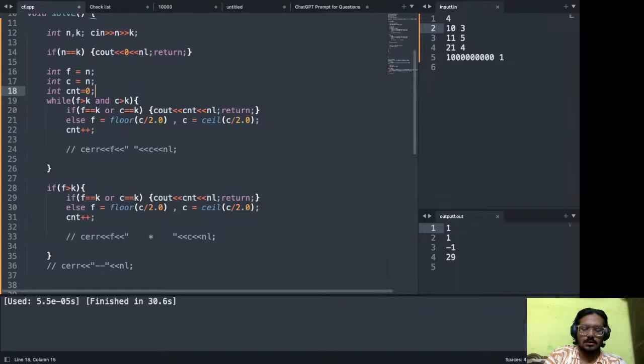This is count 1. This is a while loop and this is the case where f is left over.